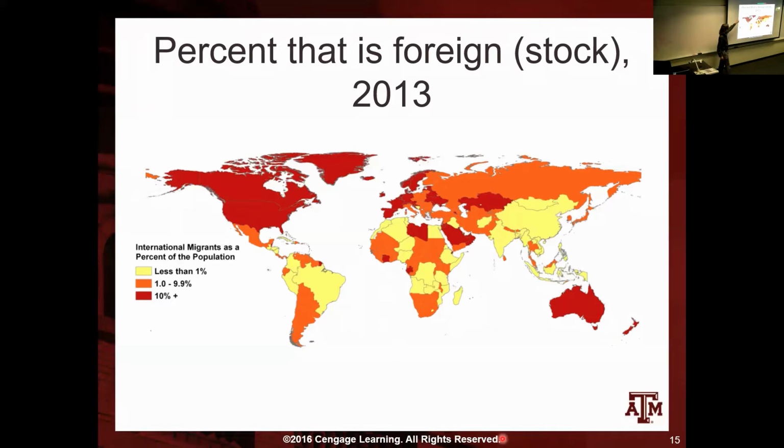And we can represent that in percentage terms. And then we see that, for example, the US, Canada, and Western Europe have more than 10% of the population being foreign-born. The countries in yellow have fewer than 1% of the population being foreign-born, based on data from 2013. Okay.